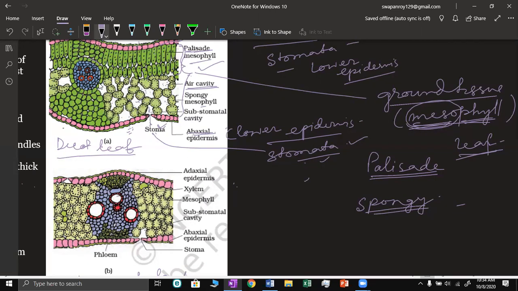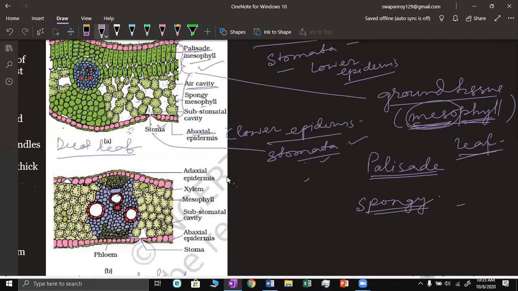So the vascular bundles in dicot leaves are also large, small, of different sizes. But each vascular bundle is conjoint, collateral, and you can see the phloem is towards the upper side and xylem below. And the vascular bundle is surrounded by bundle sheath cells.